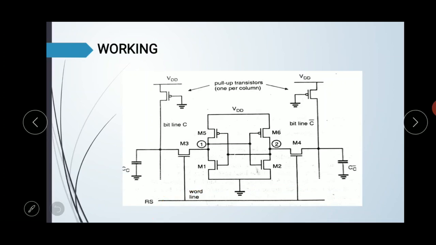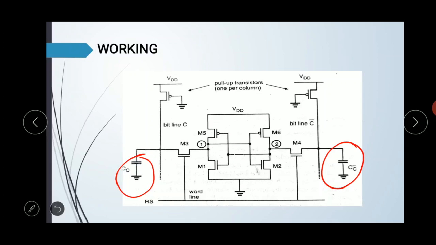Then this bit line and bit bar line act as input lines for write operation and output lines for read operation. Pre-charge capacitors are used for read and write operation. These are the pre-charge capacitors. Next we see how read and write operations occur.